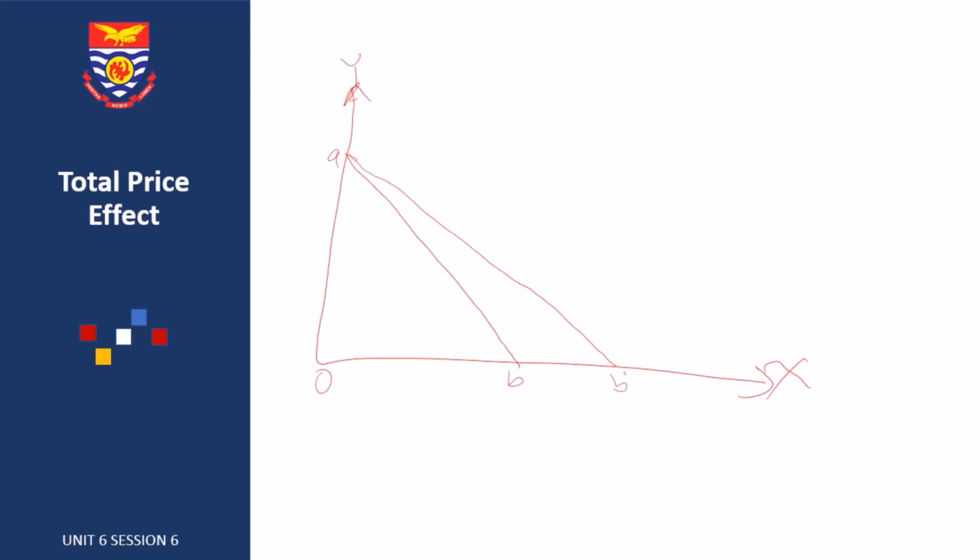So let's say B is 101. I would have to get two indifference curves. Let me erase this indifference curve. This I would name U1, and this I would name U2. Now they are touching different points.